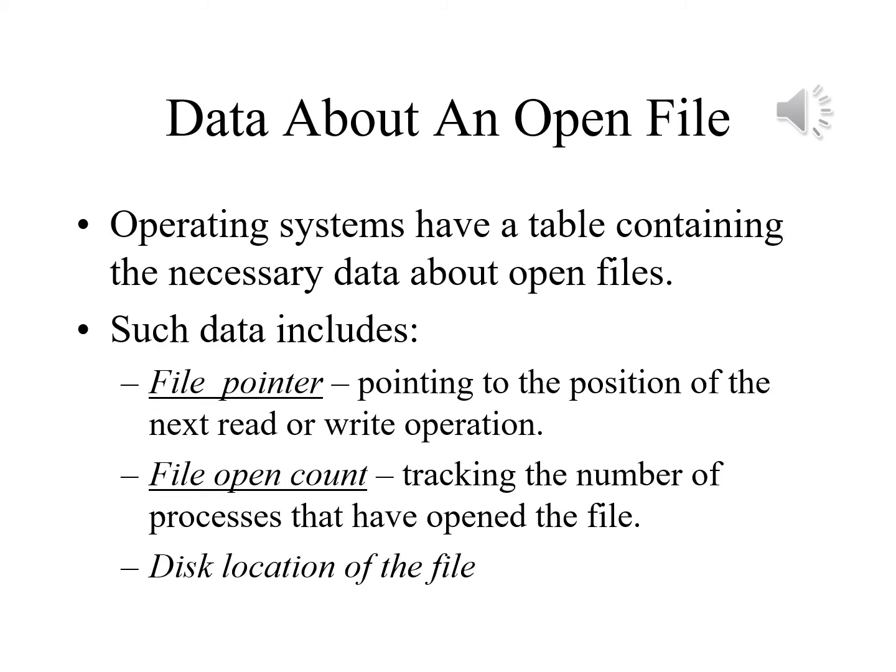As I said earlier, an operating system needs ready access to certain basic information about the files it needs to access. That is precisely what opening a file is all about. While this may include other information as well, it must include the file pointer, which tells the system where it will perform the next read or write operation.